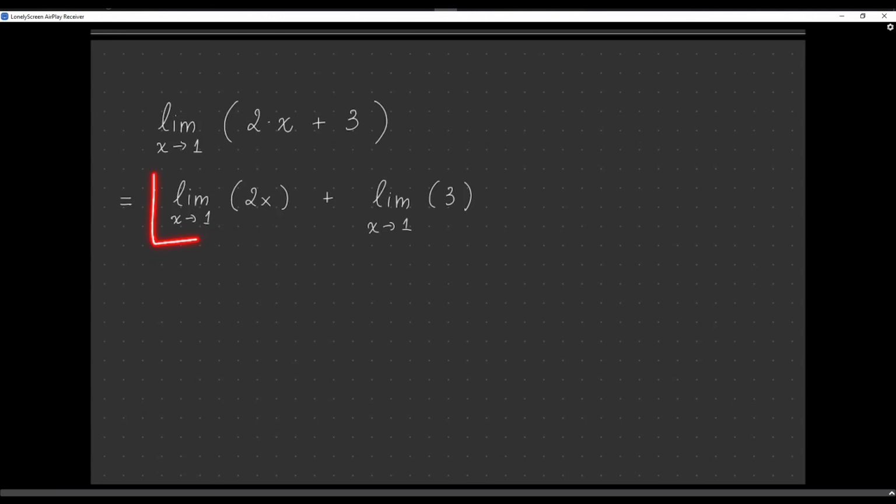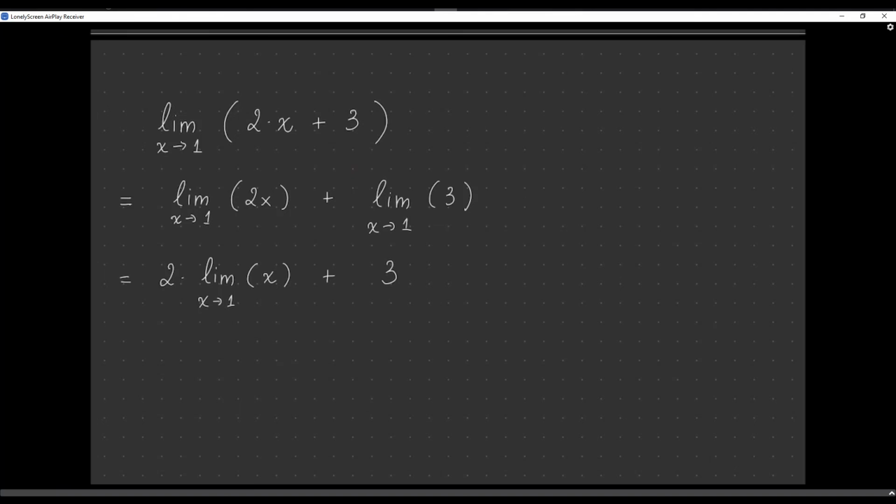With the first limit here, we can apply the constant multiple rule to pull the 2 outside the limit. Thus, we have 2 times the limit as x approaching 1 of the function x. Plus, for the second limit, we see that this is just the limit of a constant, and we know that it would be the constant itself.